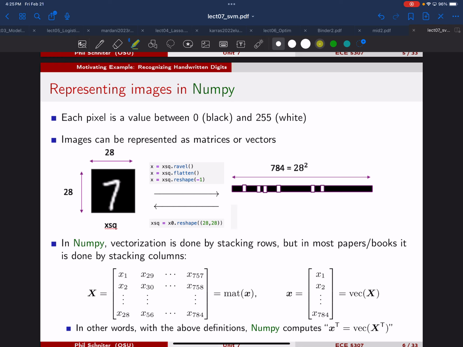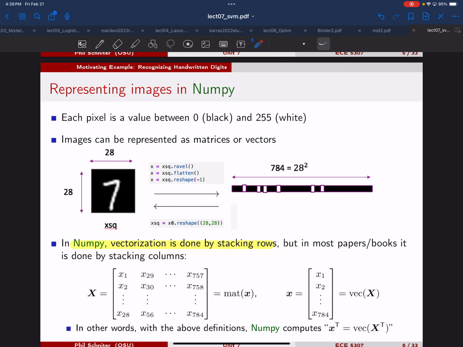NumPy, or Python, is a language that does things by rows. So when it takes this image, it extracts one row, and then puts that here, and then the next row puts it next to it, and so on. But if you work with MATLAB or some other languages, it's done in columns, something to be aware of when you're working across different languages.